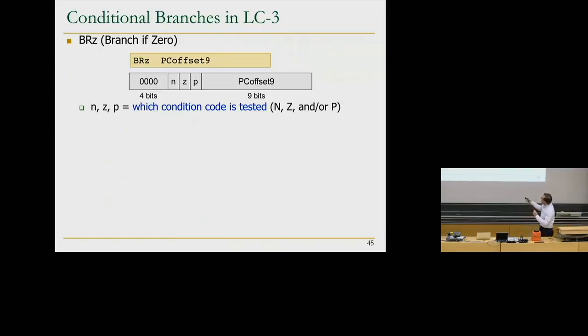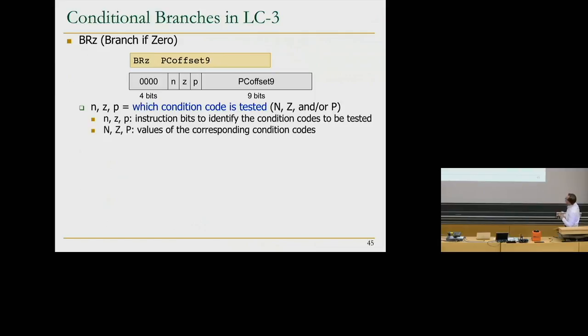If the branch tests one of the condition codes, and if that condition code is true, then you're going to change the program counter to program counter plus PC offset 9, as we will see. The machine has the condition codes stored in lowercase n, z, p registers, which denote the values of the corresponding condition codes. And you know what PC offset 9 is.